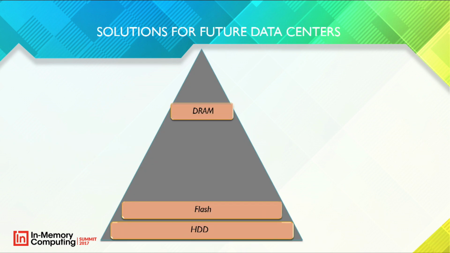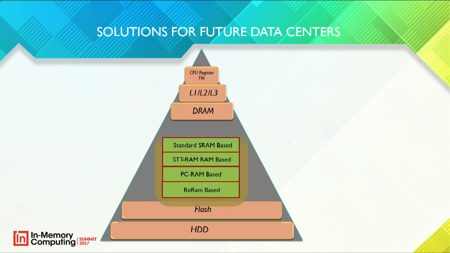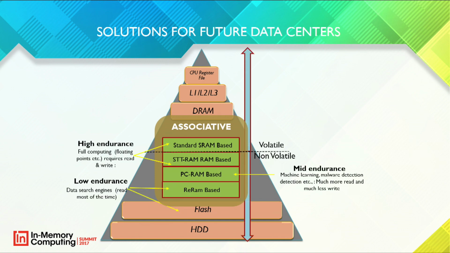The next slide is showing where we are going, the future research. Actually, as we know, the memory hierarchy is HD, flash, and then DRAM, L1, L2 cache, and CPU register file. We believe that associative memory will be something in between. We are right here now. By early next year, we're going to have this SRAM that does compute, which is something in between.